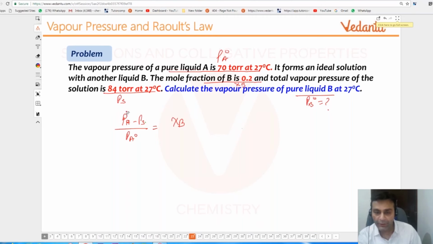So PA naught is given to you, PS is given to you. So how do you get the value of PB naught? Or you apply the formula PS is equal to PA naught plus mole fraction of B into PB naught minus PA naught.